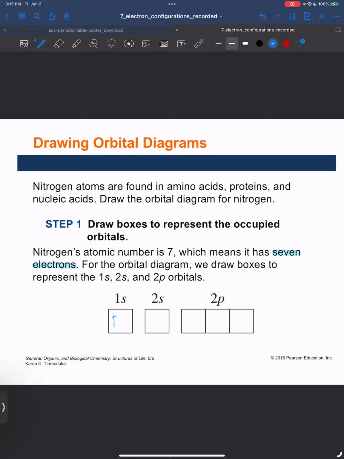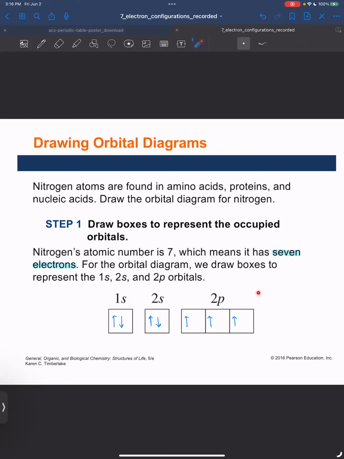So I have 1s2, 2s2, and so I have 4 electrons, I have 3 left, and I need to half fill these because in the 2p sublevel, they're all the same energy. So they're going to spread out and not partner up. They're not going to share a room if they don't have to, okay?